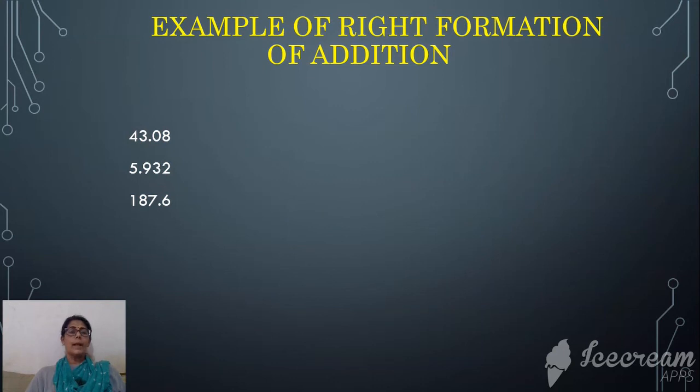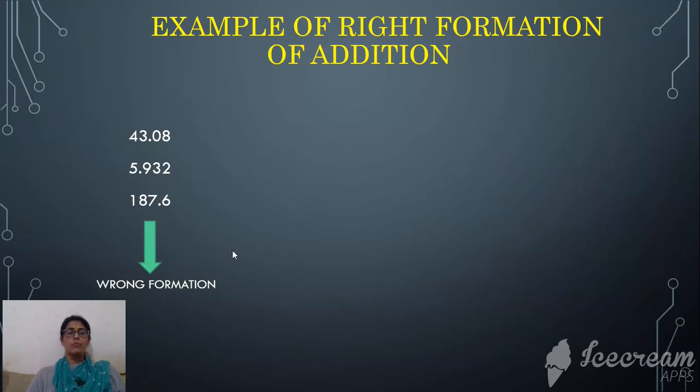If you write these numbers in this formation, this is known as a wrong formation. Why? Because I have told you that your decimal points should be just below one another. Here you can check your decimal points are not below one another, right? So this is known as the wrong formation.